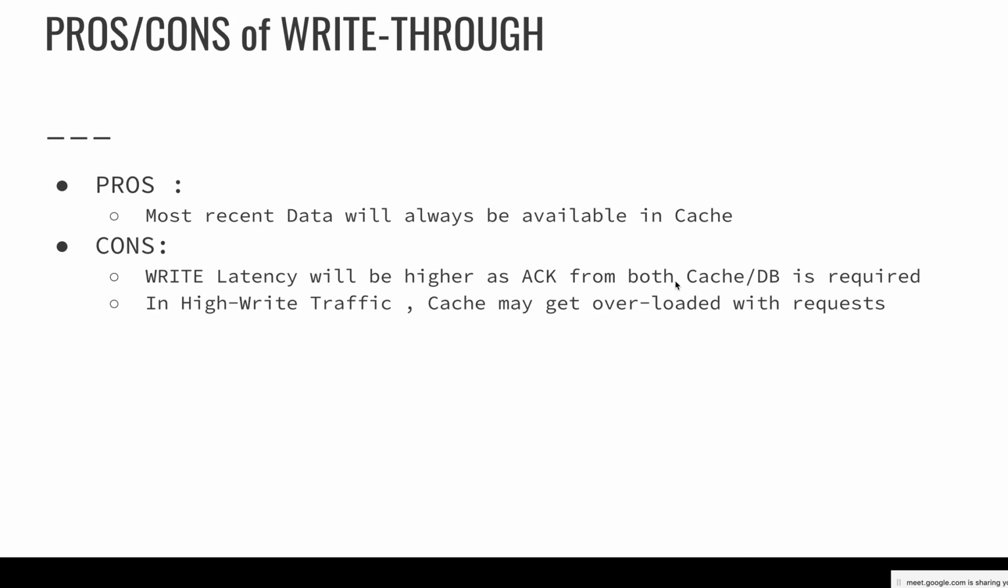If he tweets it today, it's going to be accessed for the next week by people all over the world. That means there is some kind of temporal or time based locality. To understand it clearly, this particular piece of data is recent data and it is going to be accessed, that is read, again and again. In the write through mechanism, since the most recent data is always available in the cache, you are going to have higher chances of a cache hit.